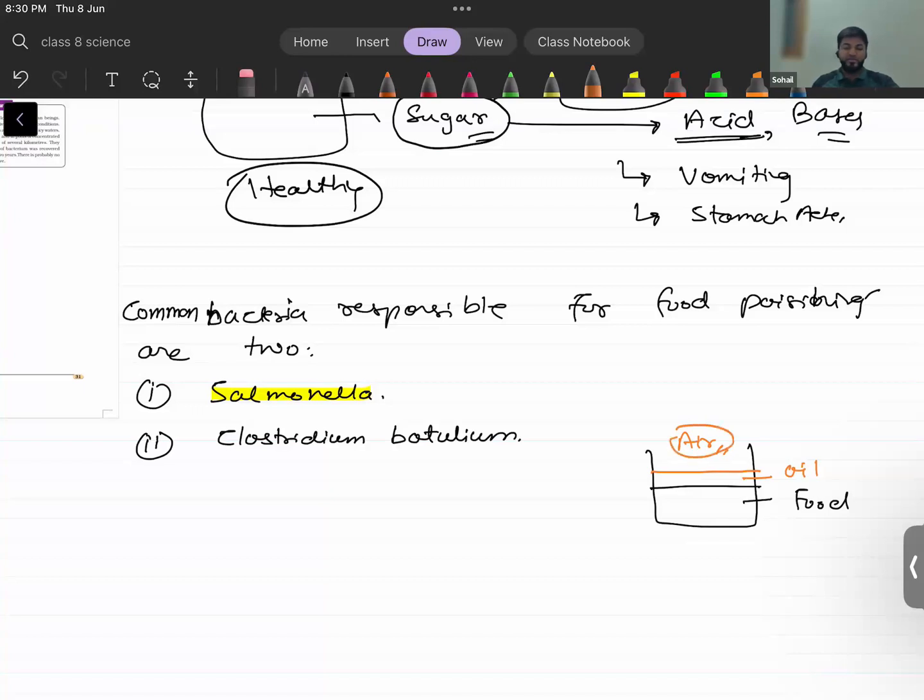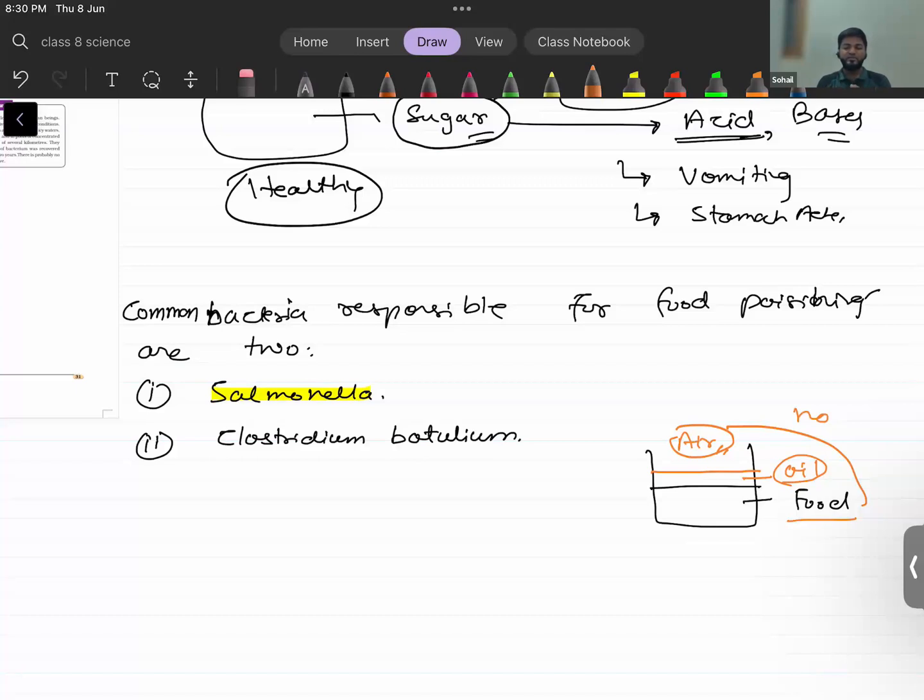Since I have poured in some oil above the food, there is no contact of food with the air. Okay, and you know that bacteria also require air for survival, right guys? So we have got several methods of food preservation, either by deep freezing the food, by sun drying, by heating the food, or by adding salt, or by adding oil, right?